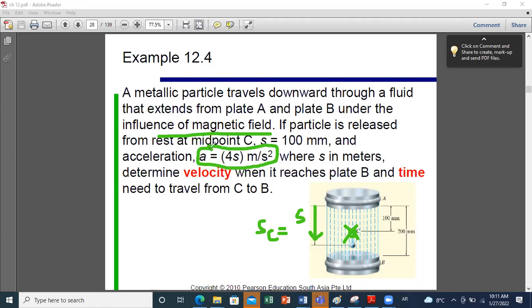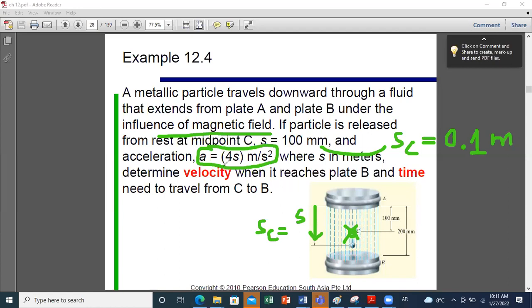Since A is provided in meter per second square, so you should convert all values of S to meter. So this value here, you can say that S of C is 0.1 meter. Okay.